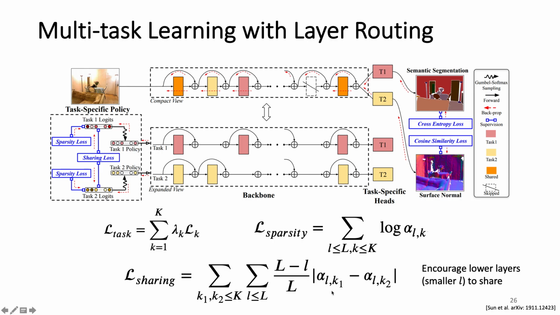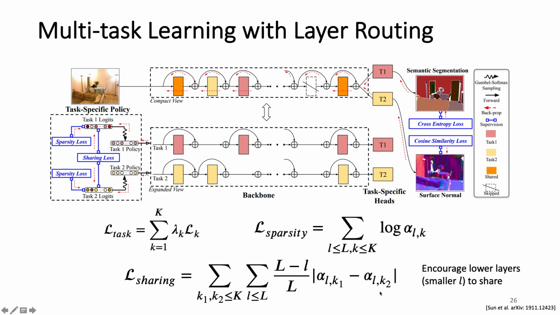So basically we want to encourage them to share the same layers, especially the lower layers. We would encourage them to share the weights more. As you can see, the lower the layer is, the smaller the lowercase l will be, and the weight will be larger. And then we want the weights on those layers to be similar.